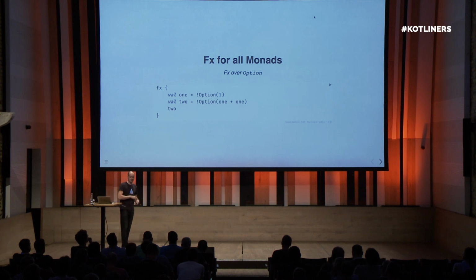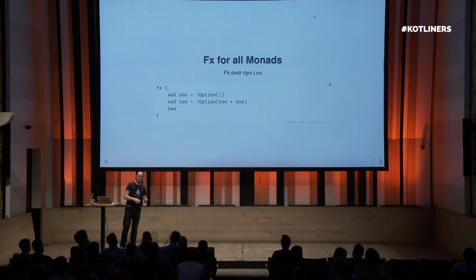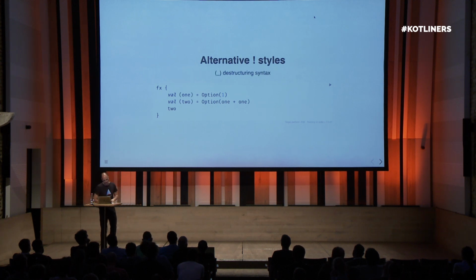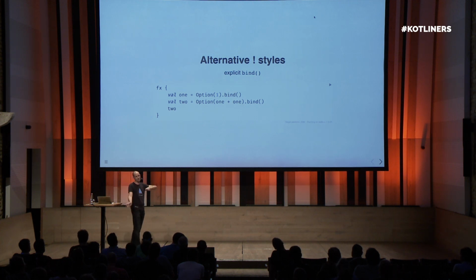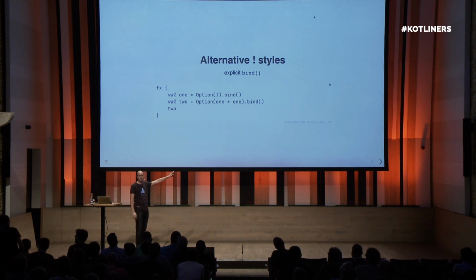Let's also note that you can still use FX for all monads. You don't need to just use IO, which is what we are using under the hood for fibers. You can use other data types, simpler ones like option. There are some alternative binding styles, as you saw before. There is this bind one, so you can just call it like .bind, which is probably easier to understand or to read.